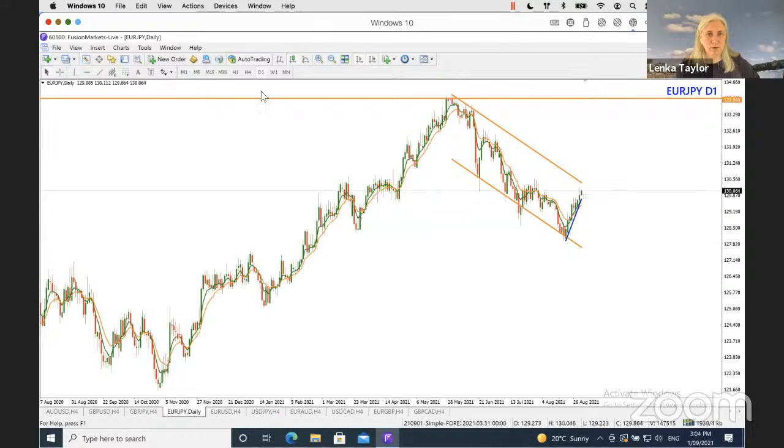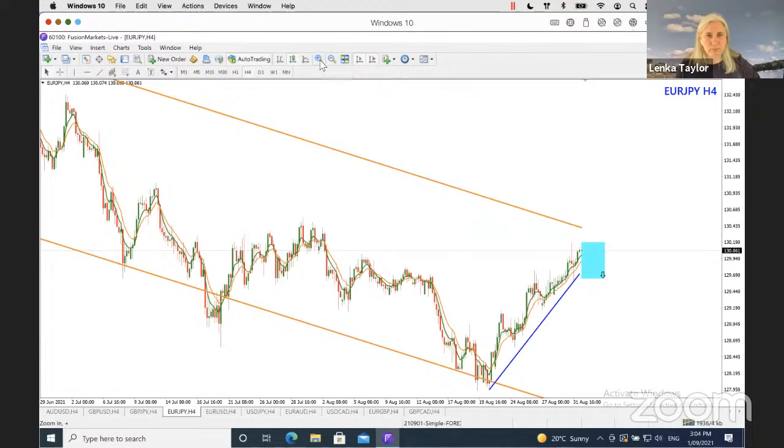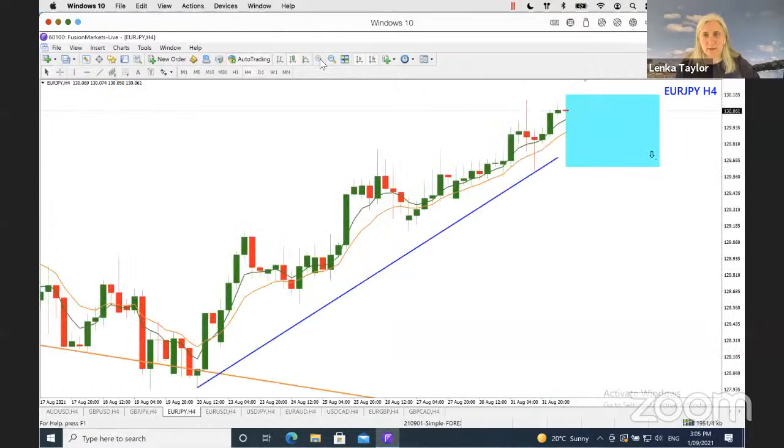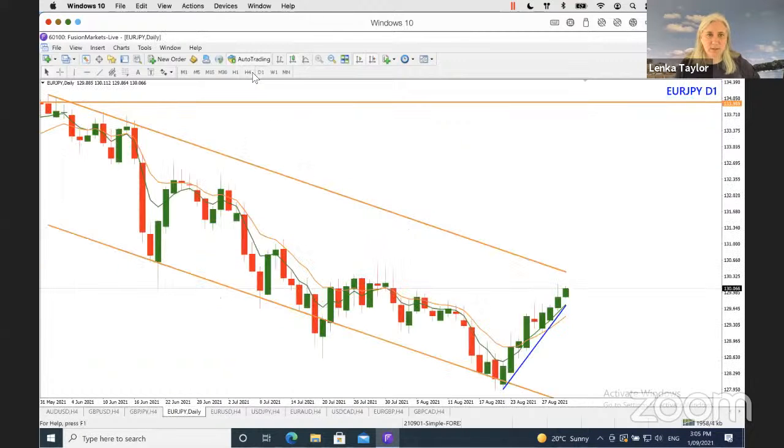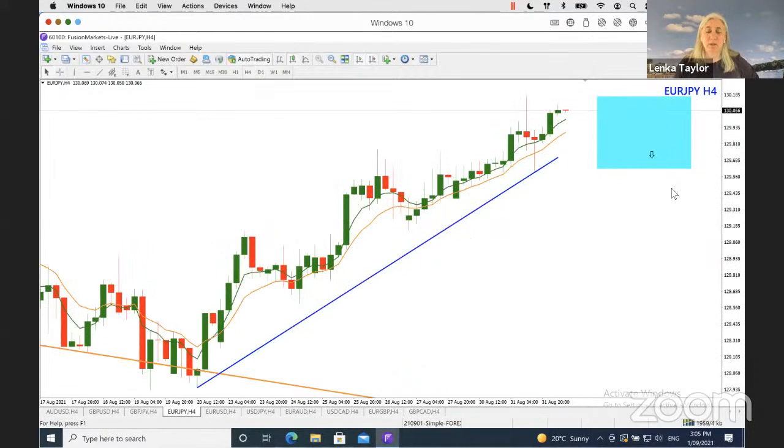So I'm still looking for a short around there, the top of the channel, and also in line with these peaks here and the trough there. So any sign of reversal around here in the next day or so would be great. It might want to go sideways for a bit. If it does, that would be great, and then looking for a short, that would be a good setup.